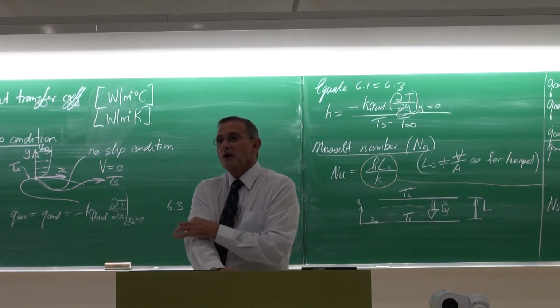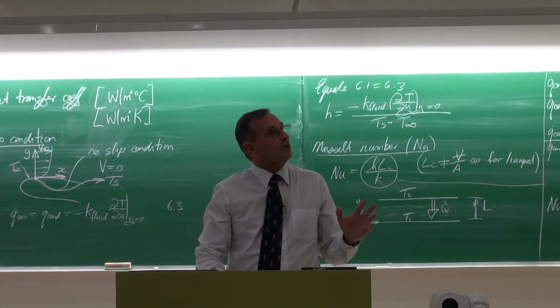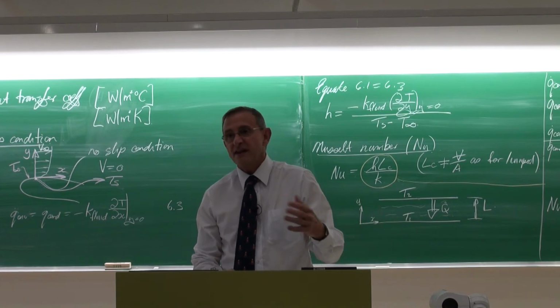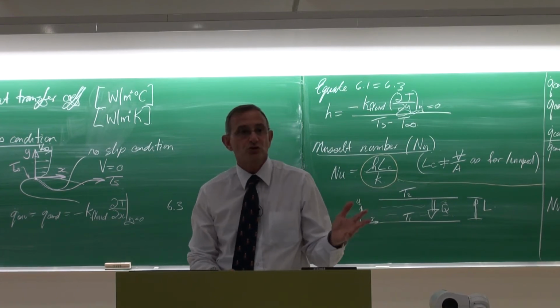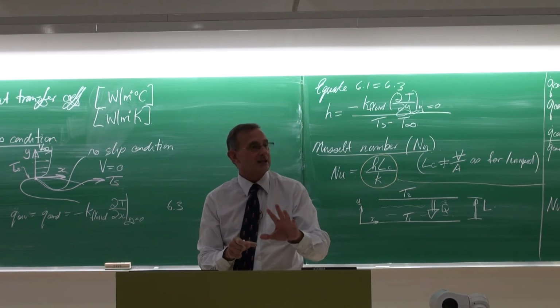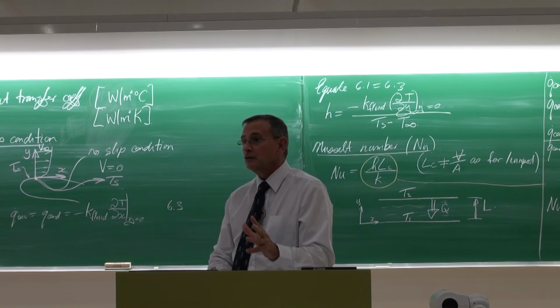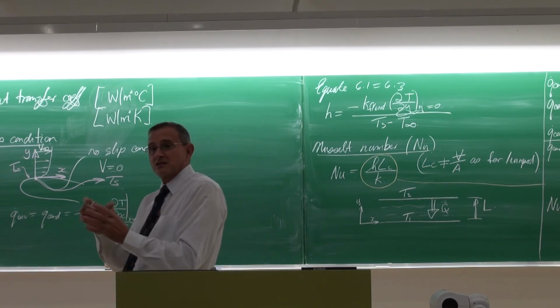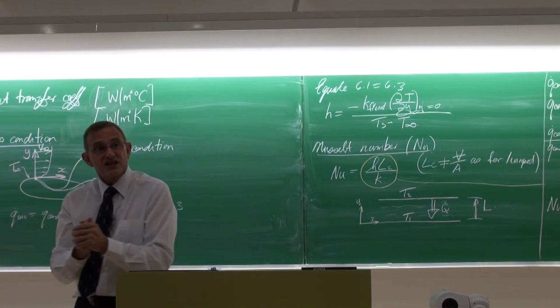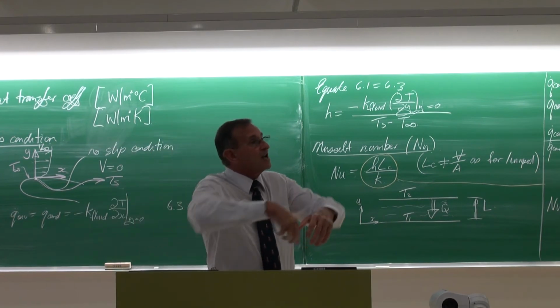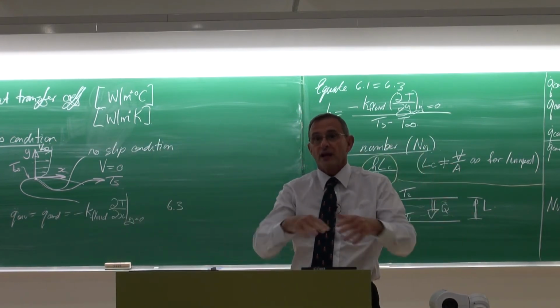Inviscid flow were the cases where you assumed that the viscosity was very low or approximately equal to 0. Internal flow versus external flow. Internal flow is flow through ducts, engines, etc. External flow is the flow that goes around an aircraft or around a boat.